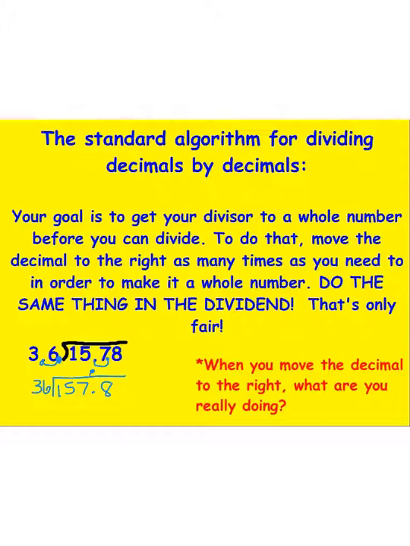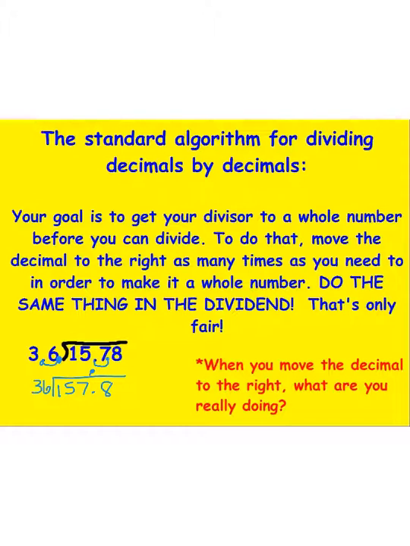So let's think about that. When we move the decimal to the right, what are we really doing? Think about it. In this problem here, when I moved this to the right, didn't I just multiply that by 10? And so in order for this problem to be accurate, I have to do the same thing here. I'm going to multiply that by 10. So I went from 15 and 78/100ths to 157 and 8/10ths. So when you think about it, we're moving the decimal, absolutely, but what we're really doing is we're multiplying by 10.